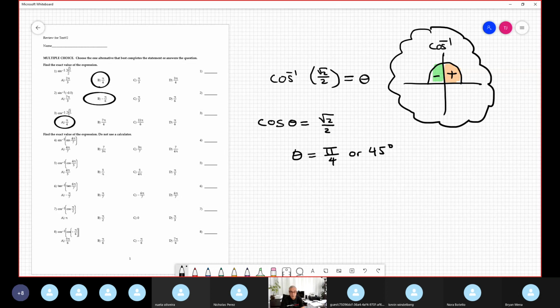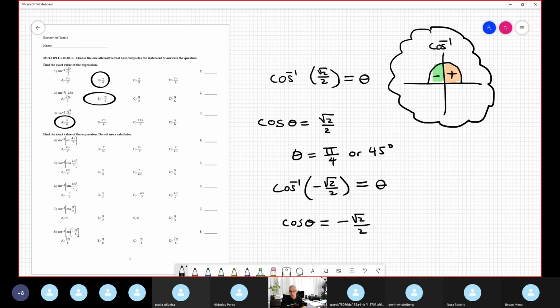Suppose that I need to compute cosine inverse of negative radical 2 over 2. This theta I need to compute now lies in the second quadrant. Cosine theta is equal to minus radical 2 over 2.